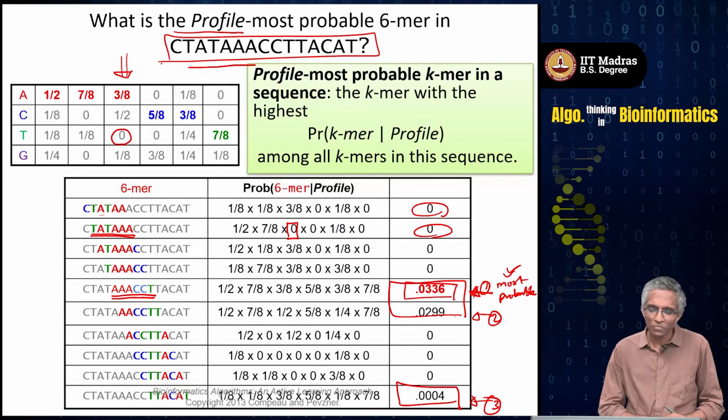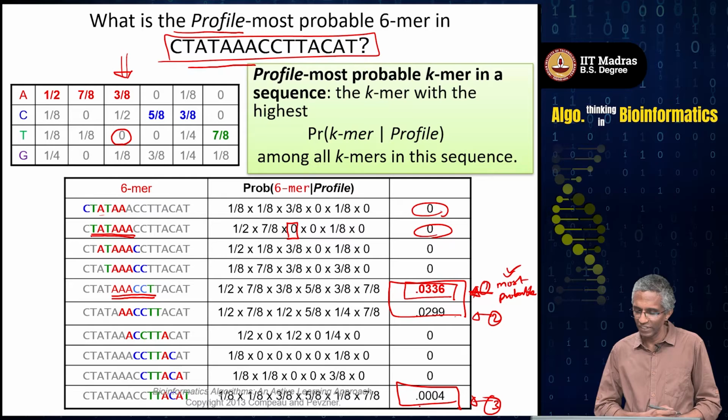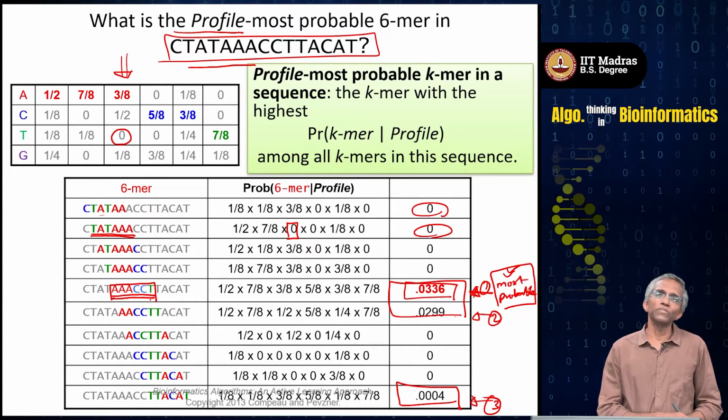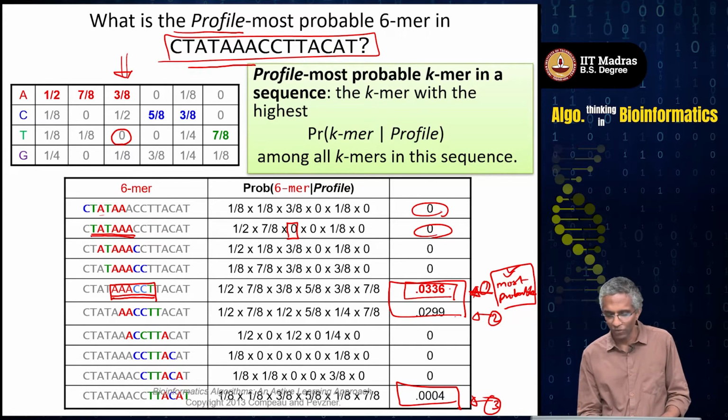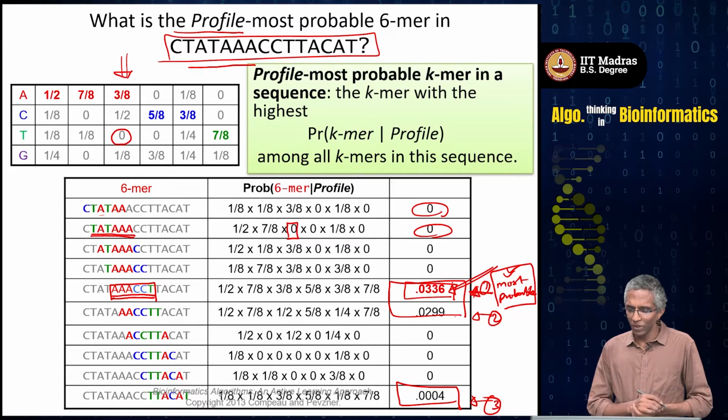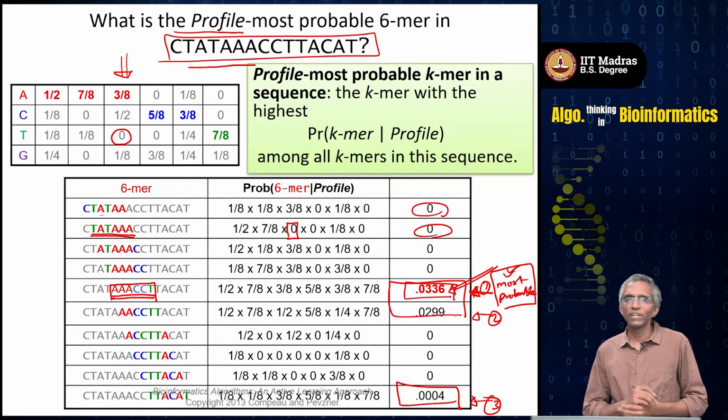It looks at all of these 6-mers and then it calculates the probabilities. If you want to focus only on the profile most probable 6-mer, then you will only be picking this AAACCT. That is what the randomized motif search algorithm will do. It will only pick this 0.03336. But then you may want to pick 0.0299 also.